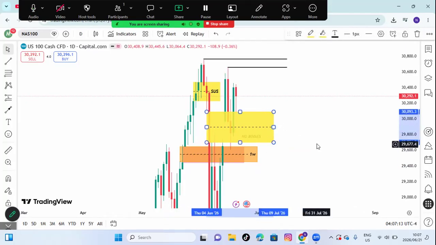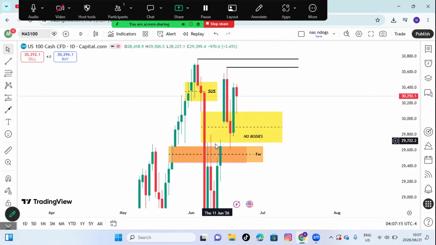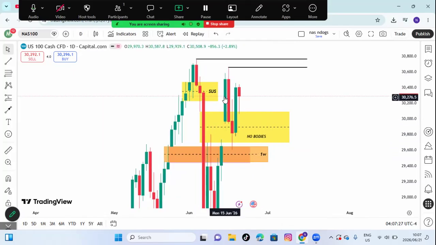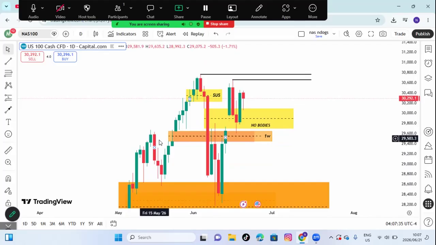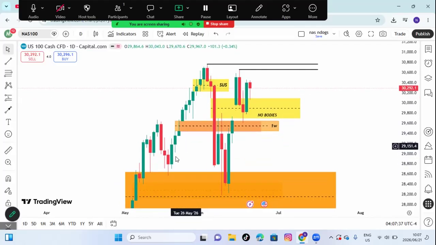So now that we went above this gap and then wicked outside of it, only to come into this nesting, I still see this as bullish. This fair value gap is the last fair value gap as we take sell side.